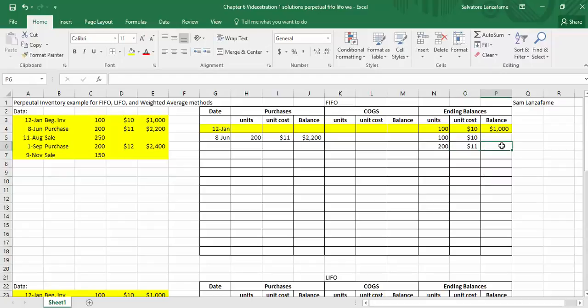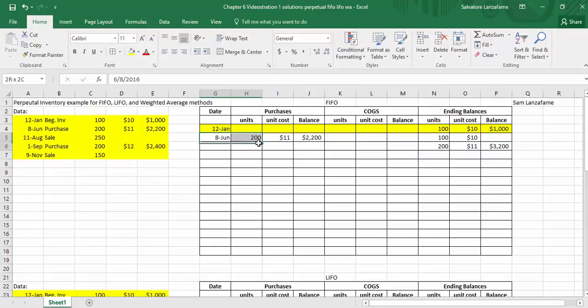So what I need to do now is figure out what's my total in my inventory. I can just go 1,000 plus 2,200 to give me 3,200, or I can do it a little bit more detailed, just in case you might be fearful of making a mistake. This is another way to double check. I'm supposed to end up with 3,200, and we do in fact end up with 3,200.